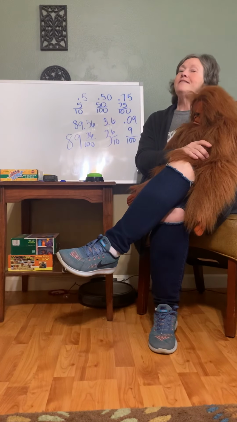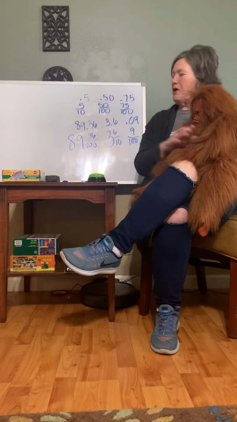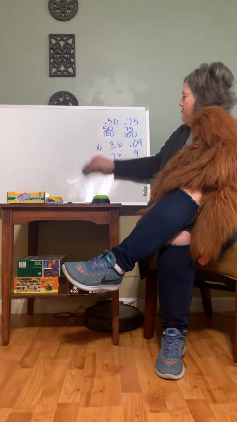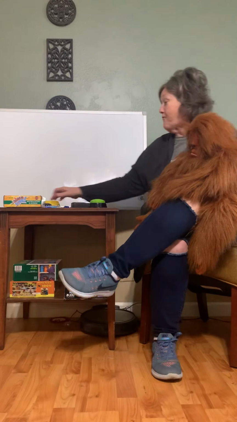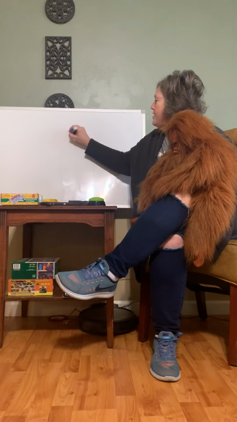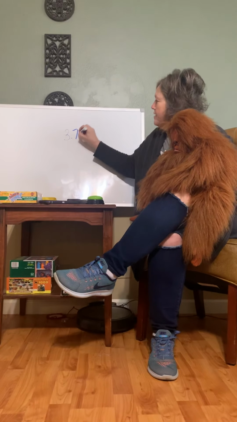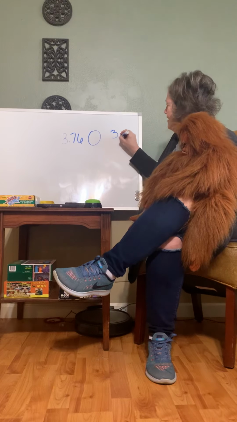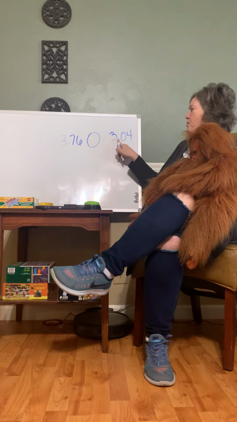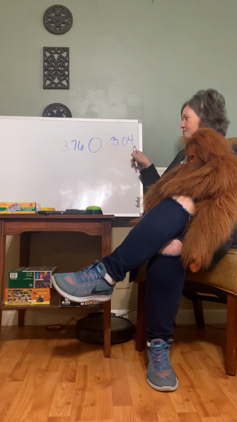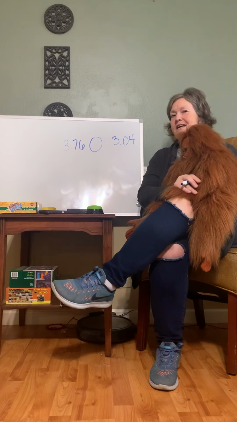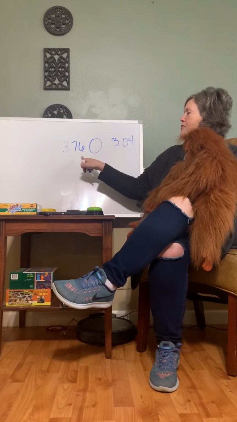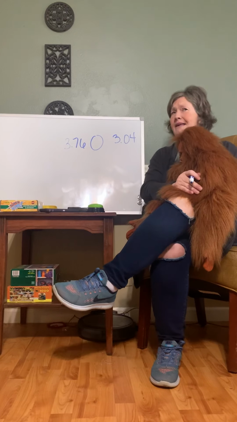Yes, he thinks I need to step it up a little bit and make this harder. All right, let's compare a few decimals, which are fractions actually. Here we go. 3 and 76 hundredths, 3 and 4 hundredths. Let me give you a second. I know you're trying to think which is greater than, less than, or equal to.